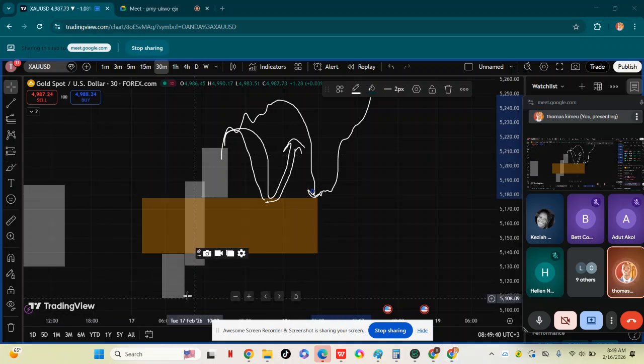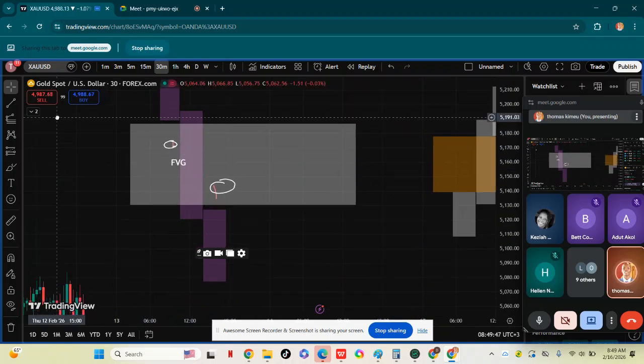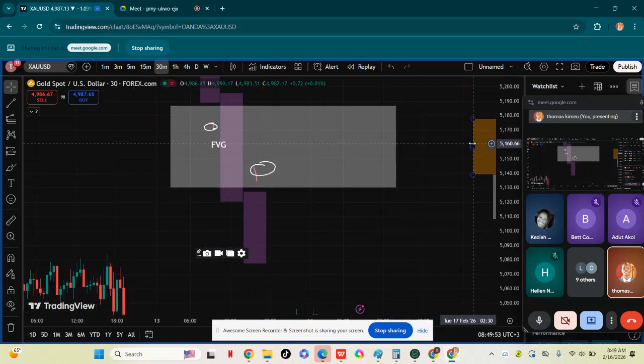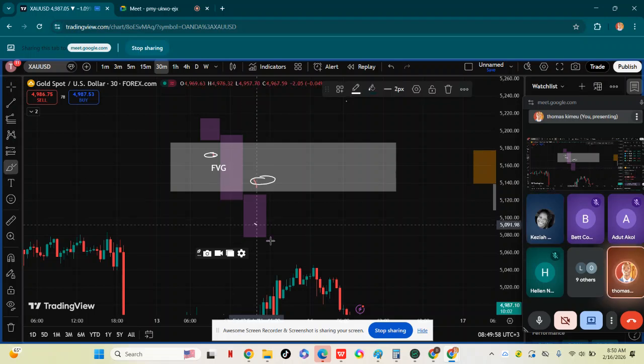Let's see for a bearish market what we expect to see. If this is a bearish market, what will happen if this market decides to sell, continue selling, and then all of a sudden it comes to this fair value gap? It left a fair value gap when it was selling.